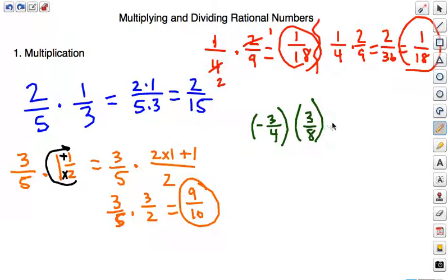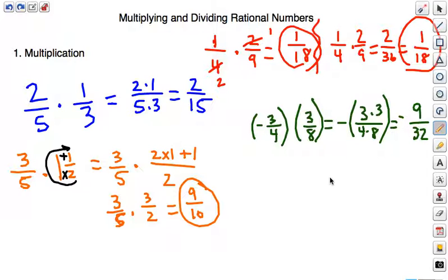So we could just write it like this. We could put our negative symbol there and then just do 3 times 3 over 4 times 8. Okay, and that's going to give us negative 9/32. All right, so that's one way of looking at it. Remember, when we have a negative times a positive, your product will be negative.